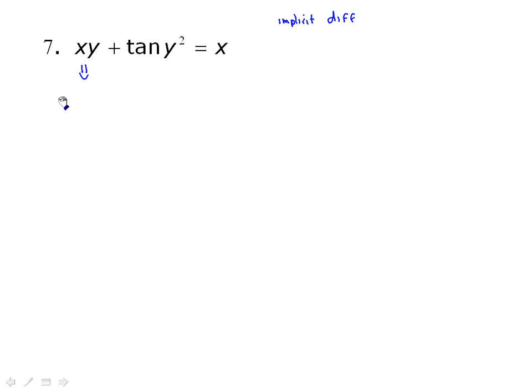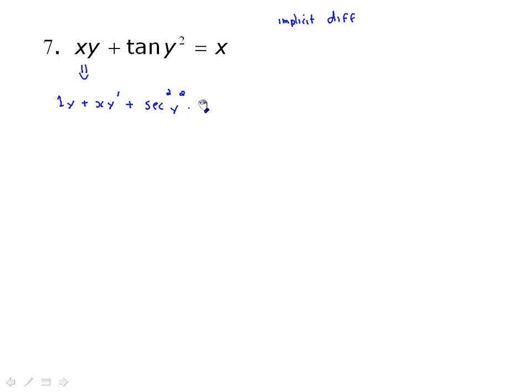The derivative of x is 1, and y stays as is, plus x stays as is, and we differentiate y, which is y prime. And then, when we differentiate tan of y squared, we need to use the form we've got for it. So that's the derivative of tan is secant squared y squared multiplied by the derivative of the inner.